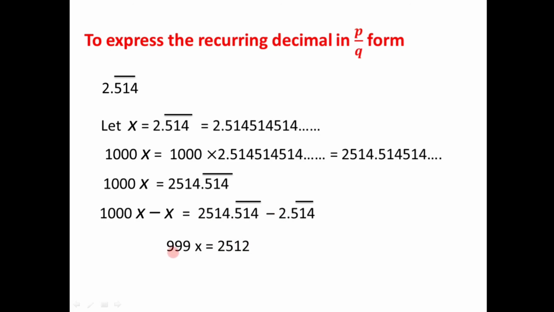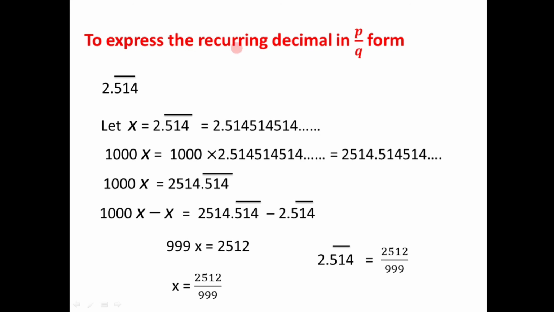Again if we take 999 to the right hand side, it will be in the denominator, so as to get x is equal to 2512 divided by 999. So x is equal to 2.514 recurring. That means 2.514 recurring can also be expressed as 2512 divided by 999.